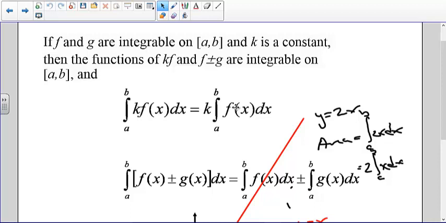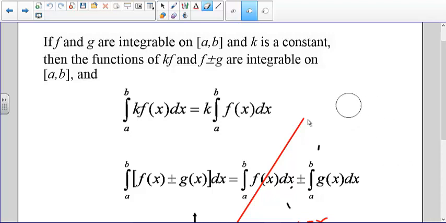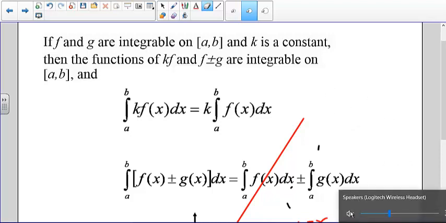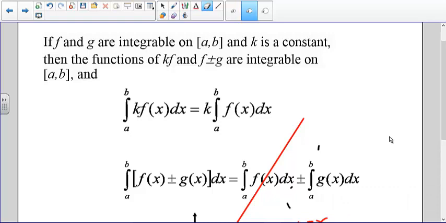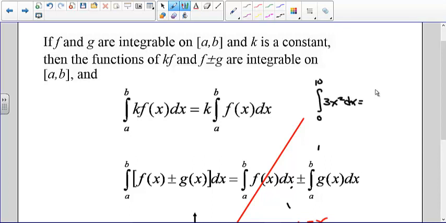So let me erase this little bit right here. I'll give an example of what I just said. Let me turn my thing off here so it doesn't beep. So as an example, the integral from 0 to 10 of 3x squared dx is equal to 3 times the integral from 0 to 10 of x squared.